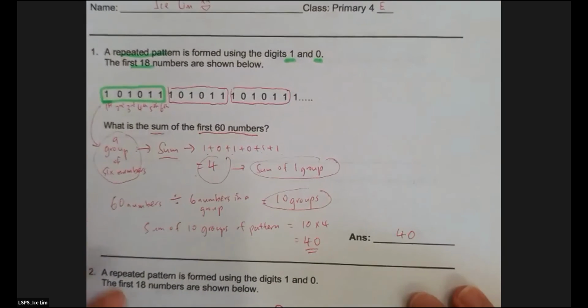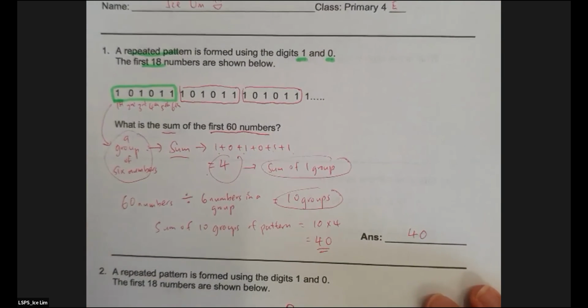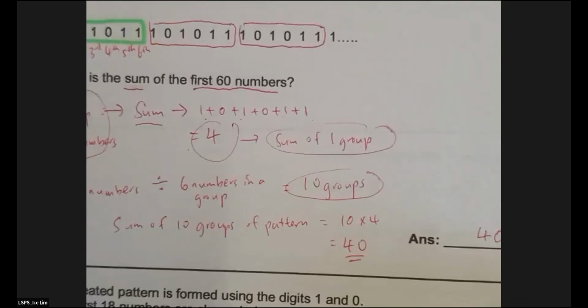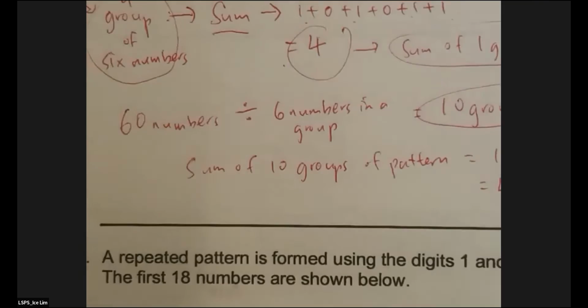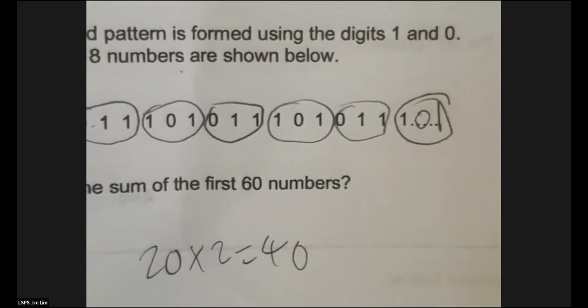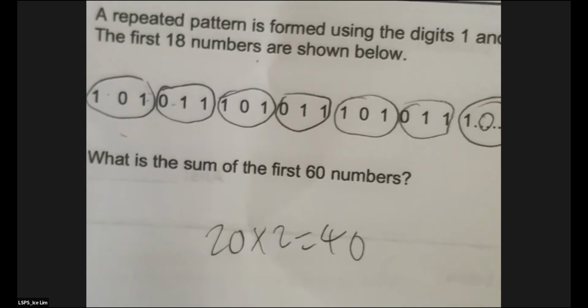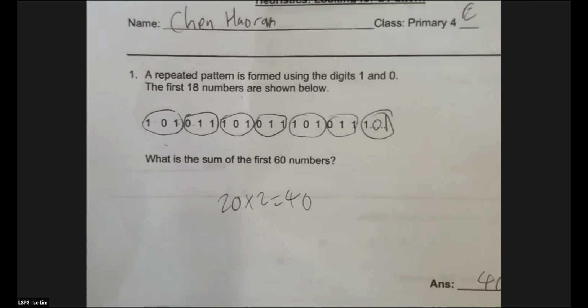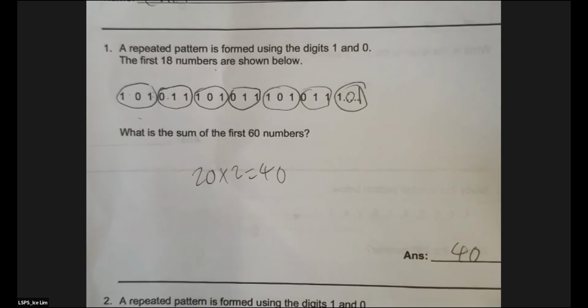So Laura has another method that works as well. Can you see? Oh, all right. You explain better than you show it. This didn't show what you explained. Can you see what he is doing?